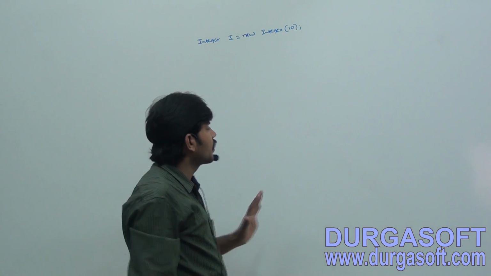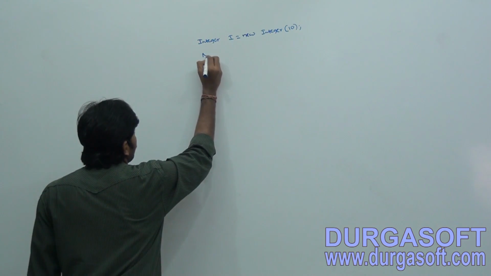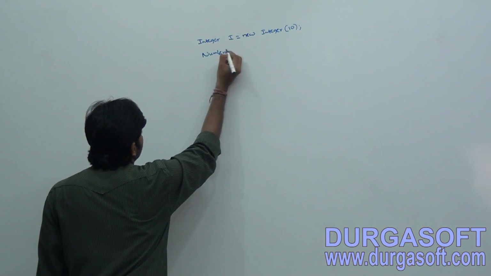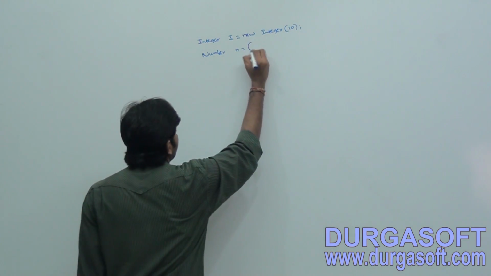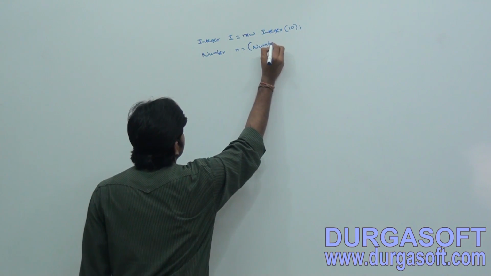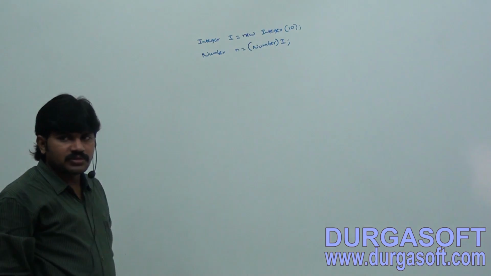Integer object is there. Next, Number n = (Number) i; Sir, can you tell, is it valid or not? All the three rules are satisfied or not?